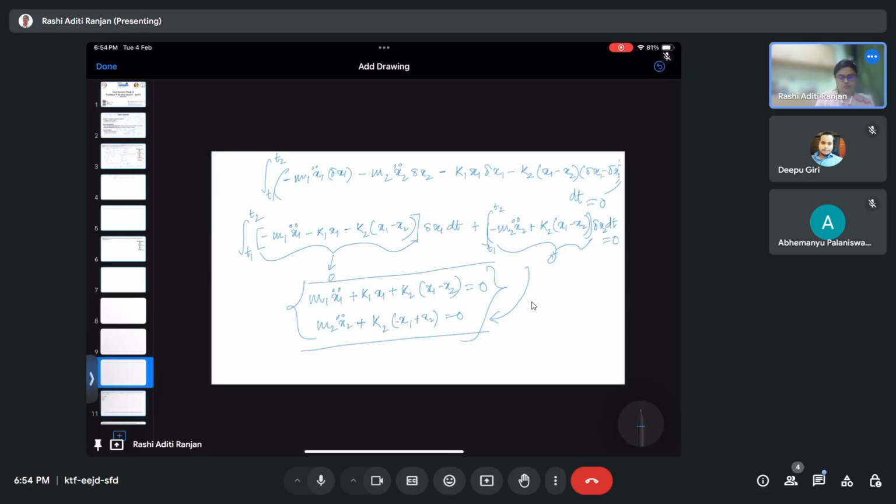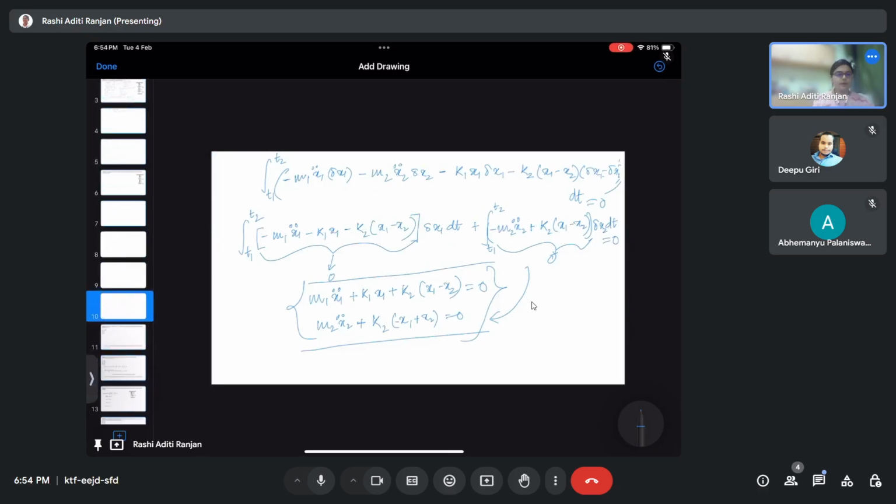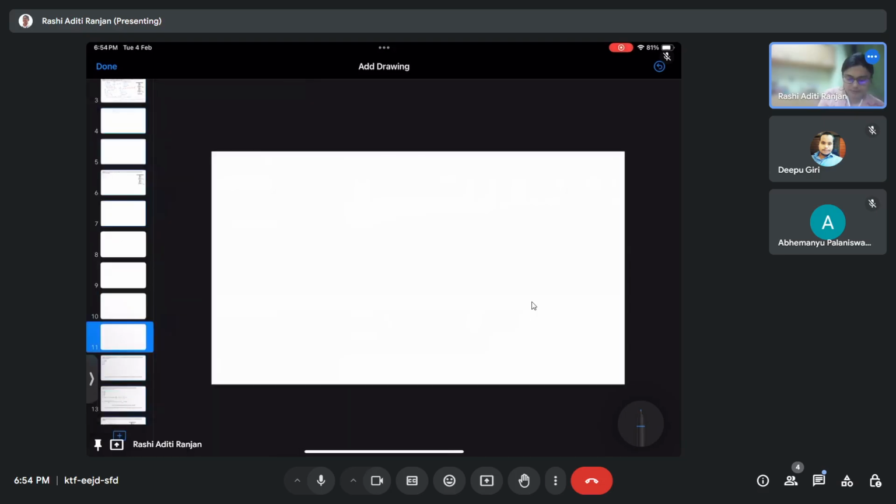So this is it. I've already discussed the dependence of the parameter. For example, if I have some parameter and I have to see the dependence of mass and stiffness, then I will not consider it as a constant and I'll have to consider its differentiation as well. Now here I want to discuss one thing.